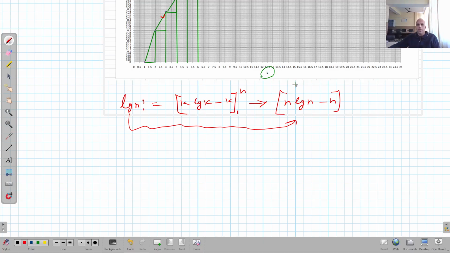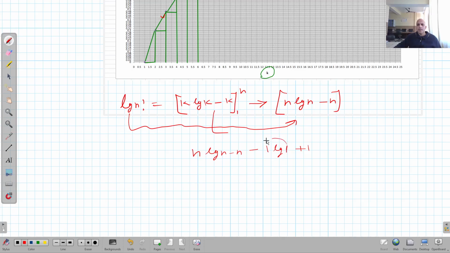Here I have written this directly, but you can do this simplification by putting in the limits. You will get n log n minus n, minus 1 log 1 minus 1, so minus minus plus 1.